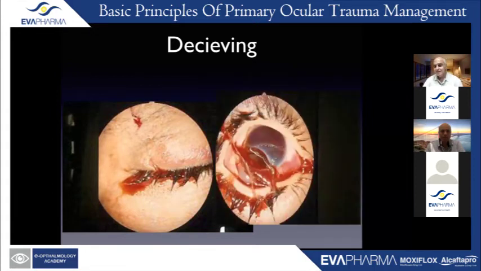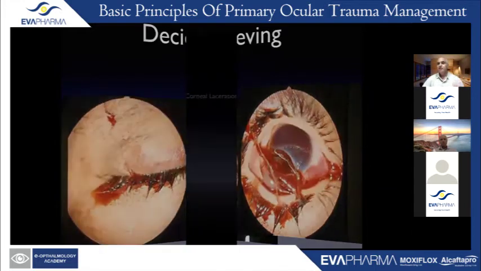But if you dismiss him, you will miss this severe corneoscleral rupture that, if not managed properly, this child will lose his vision forever. So the proper evaluation of the patient is very important, starting from the history, the evaluation of the whole patient, understanding the type of the trauma, regardless of the appearance of the patient.